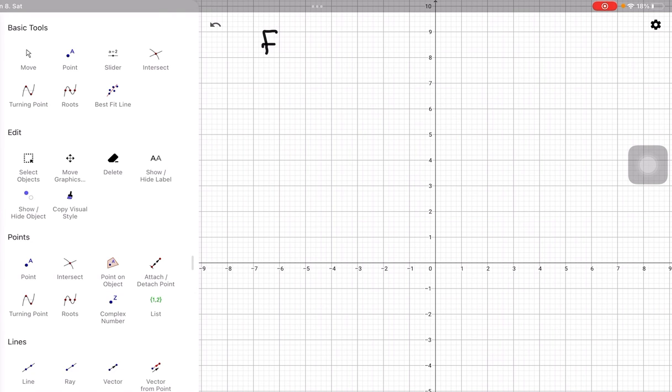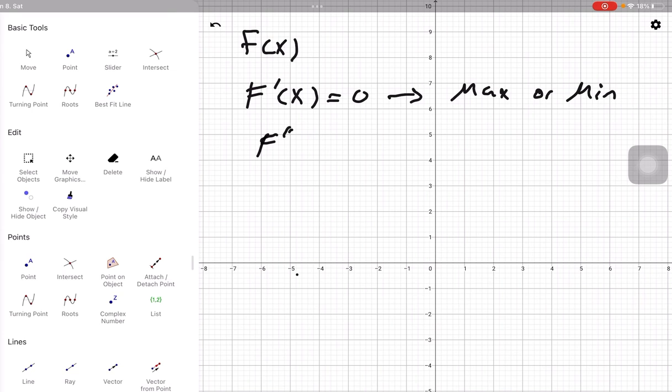When we have a function f(x), f prime x equals 0, usually it can show us the maximum or minimum. And when we have a second derivative, usually inflection point.